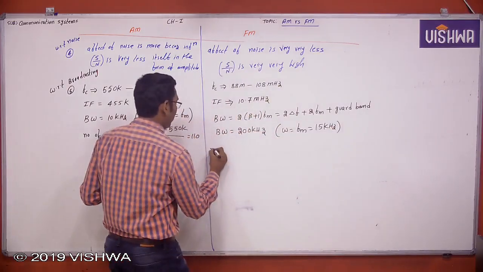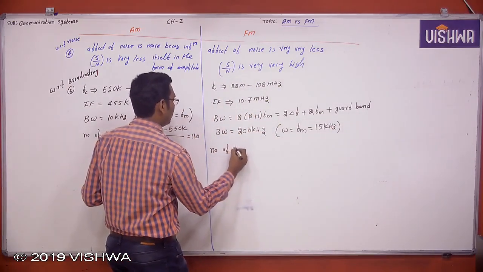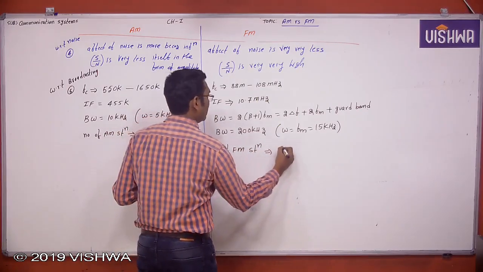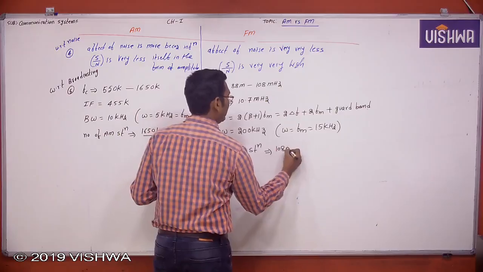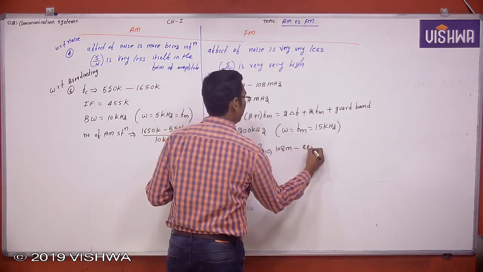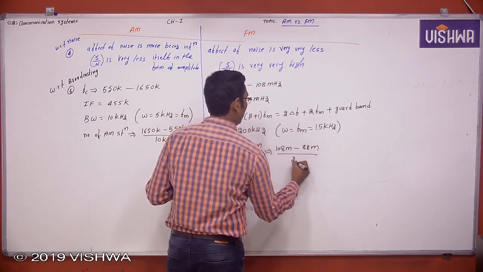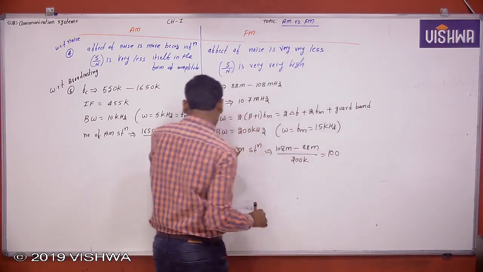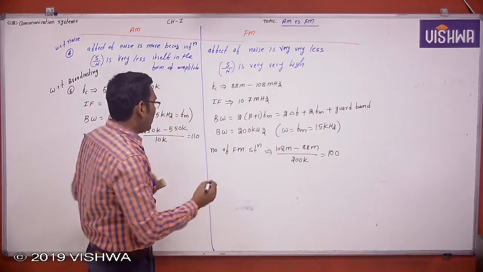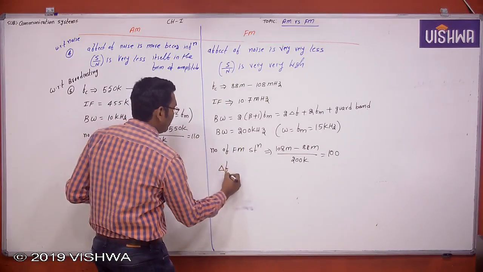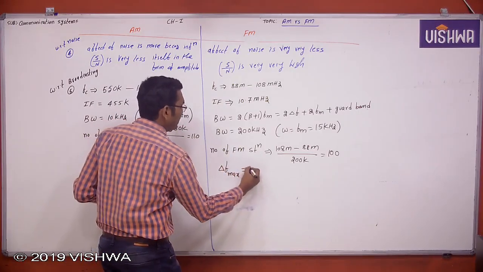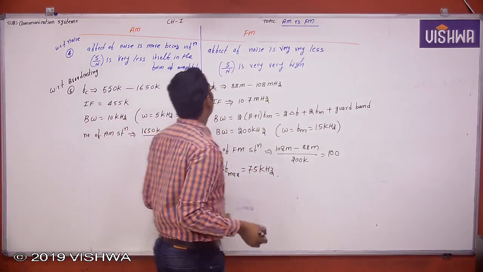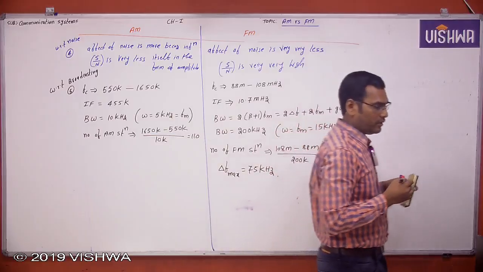The number of FM stations is (108 MHz minus 88 MHz) divided by 200 kHz, which is equal to 100 stations. And the practical maximum frequency deviation is 75 kilohertz. Okay, now this is with respect to the broadcasting point of view.